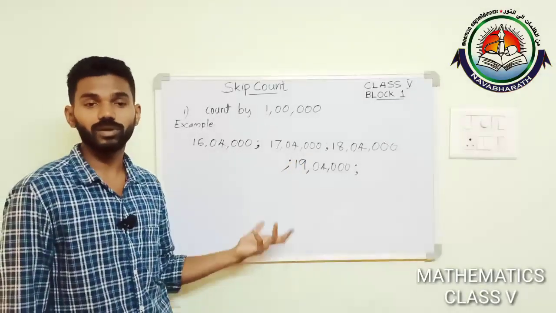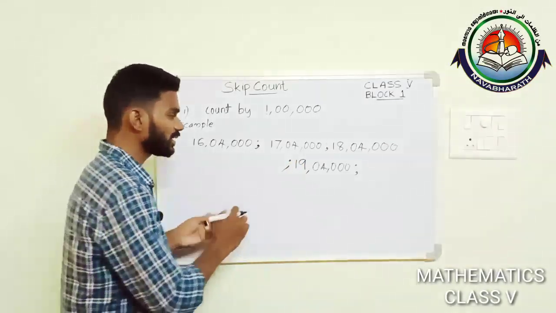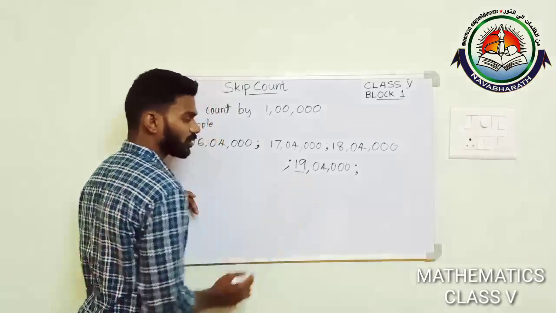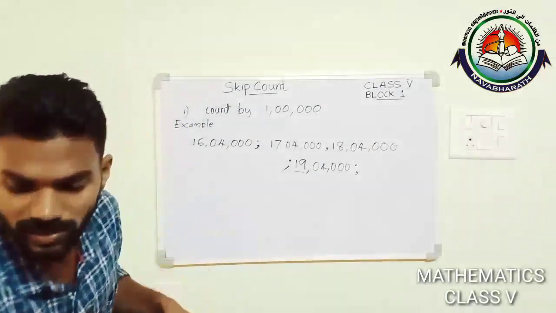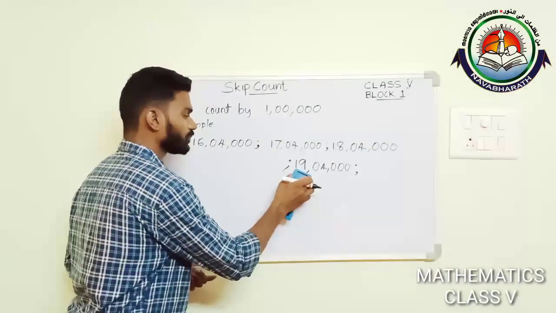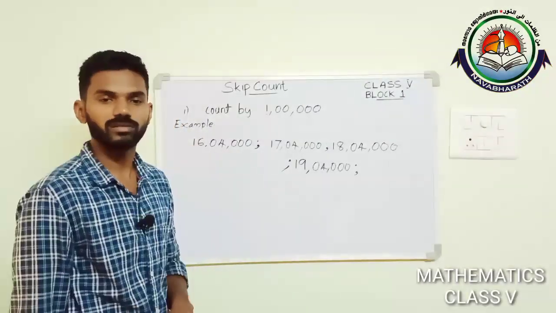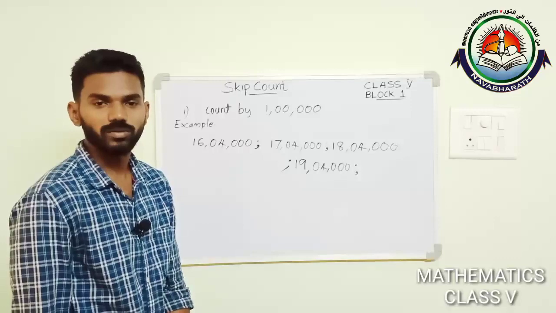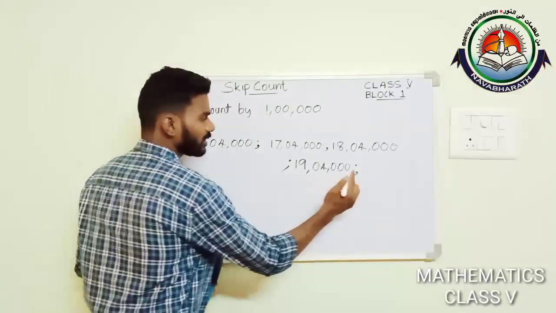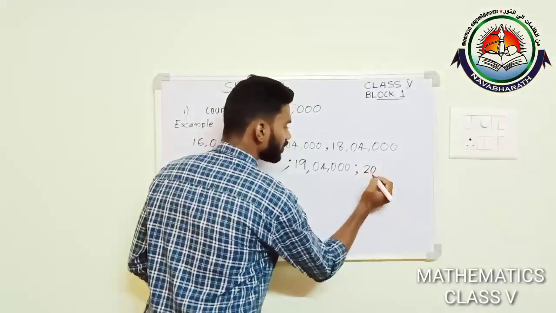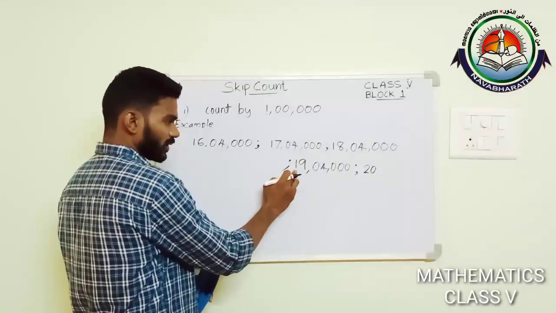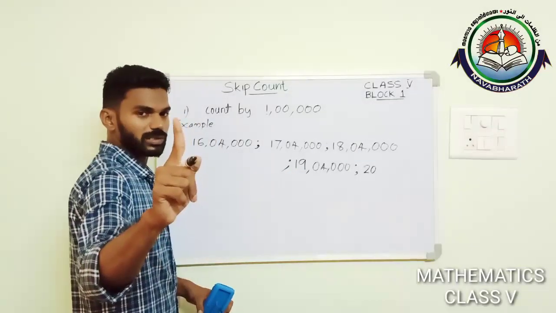So what shall we do? Consider this whole number, the complete number. This is 19 and increase just by 1. 19 plus 1, what would be next? It would be 20.